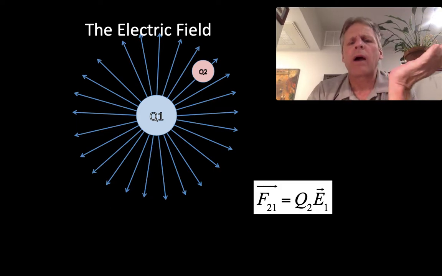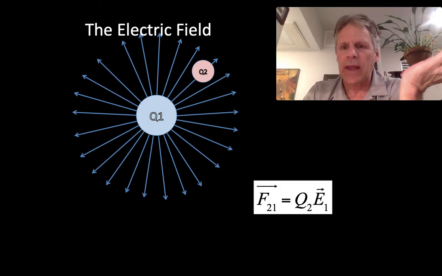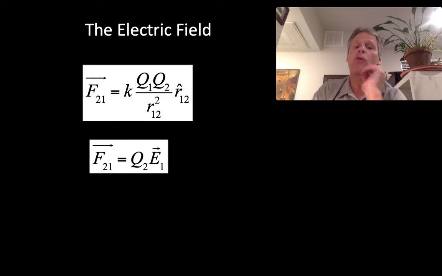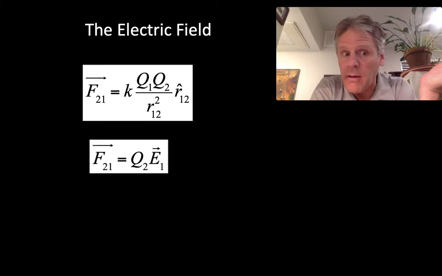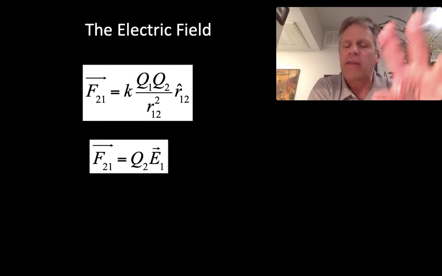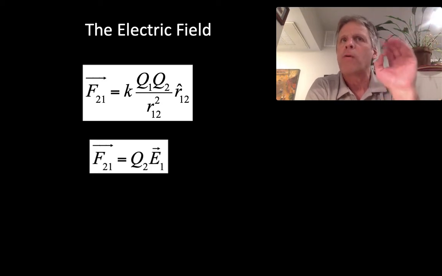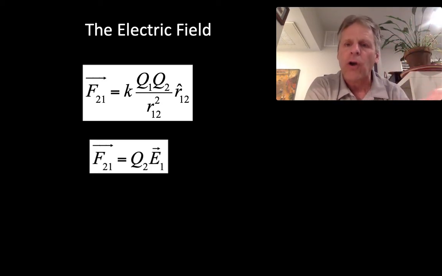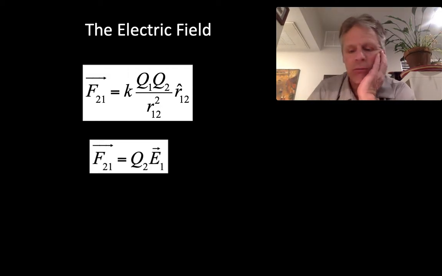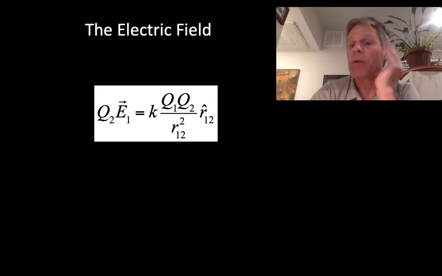So, how do we figure out then what this E1 is? Well, we already have an expression for F21 from Coulomb's law. So we now have two expressions for F21. That is, we have two expressions for the force of charge 1 on charge 2. And we can just set them equal. And when we set them equal, we get this expression.